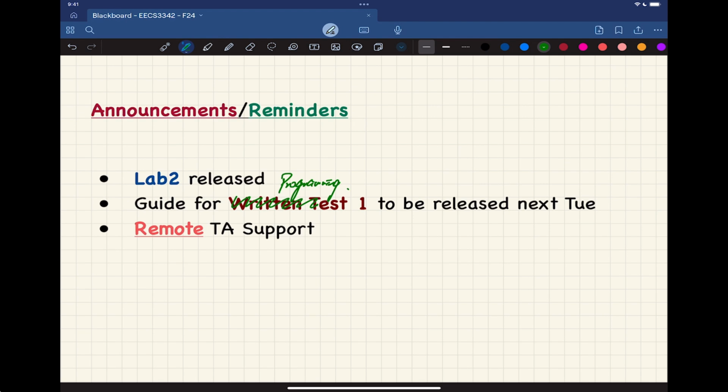And there's also something I want to bring your attention. We do have some remote TA support for those of you who just want some additional support beyond the scheduled lab session. I think we have some limited hours available, so let's see how that goes. I put 2 TAs' contact information on the e-class. You can feel free to reach out to them. They are working people, but they completed the same course a few years ago.